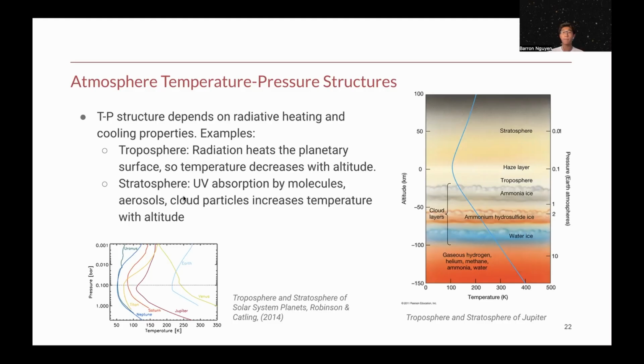In the stratosphere, the temperature doesn't decrease all the way to space, because in the stratosphere we have UV absorption by certain molecules, aerosols, cloud particles, whatnot, that increases the temperature with altitude. We see this inflection point, for example, in this plot by Catling, 2014, where they show the comparison between the troposphere, which is below the dotted line, and the stratosphere, which is above the dotted line.